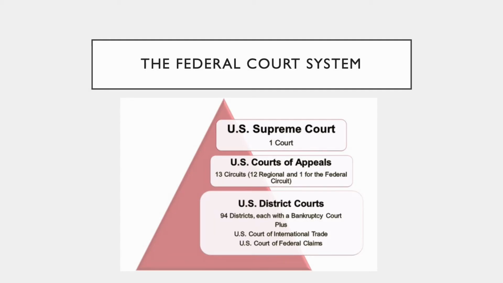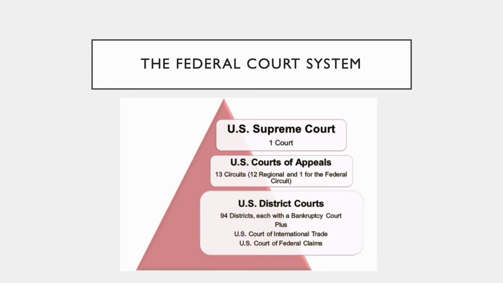Then the second tier up, or the middle tier, is what we call the U.S. Circuit Courts of Appeal. There are 13 circuits. One is just called the Federal Circuit. It's like a supervisory circuit. And then there's 12 regional ones. One, and only one, is located in a single place. And that is the place that has the most federal questions. And that, of course, I hope this is obvious, but maybe it isn't, is Washington, D.C. D.C. has its own circuit court.